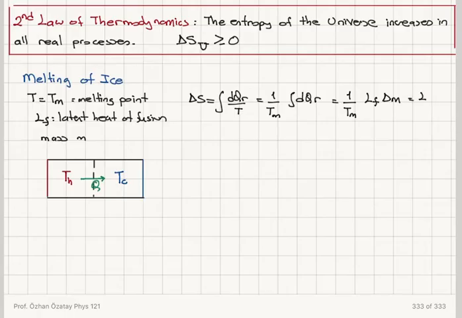This will be equal to latent heat of fusion times the total mass of the ice divided by the melting point temperature, because I'm assuming that all the ice is melting. So this process, melting of ice, gives me an entropy change of latent heat of fusion times m divided by Tm.